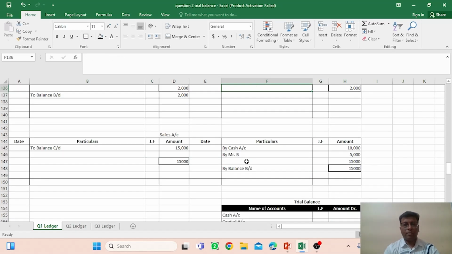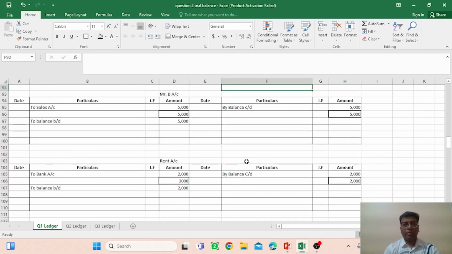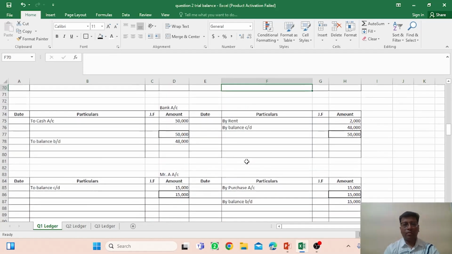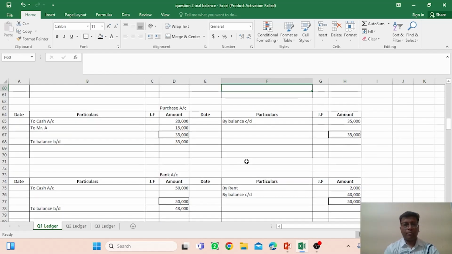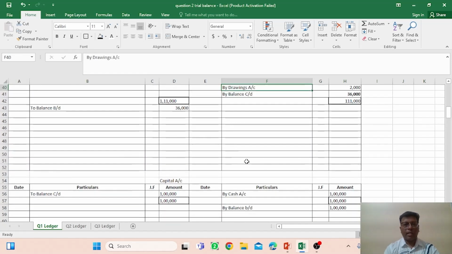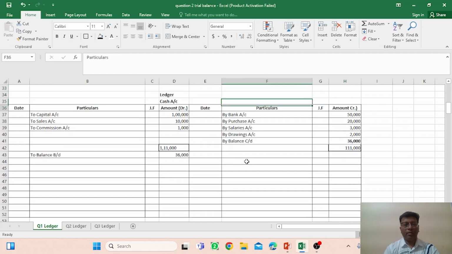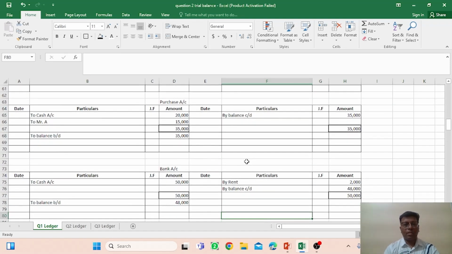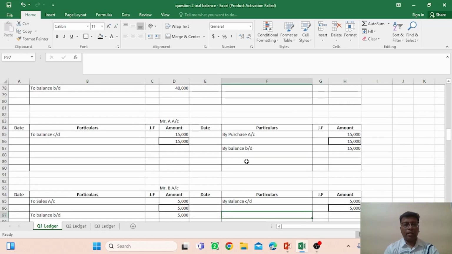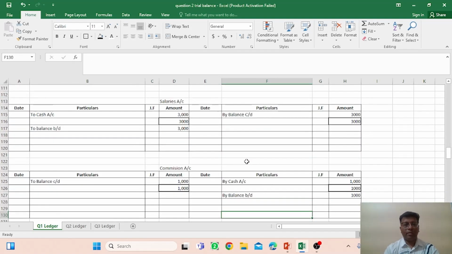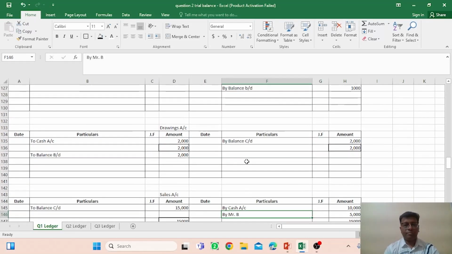Go back, and very carefully every account name is to be mentioned in the trial balance, and already we have given some names, right? We check that cash account is there. Okay, the first account is cash, then capital, then purchase, then bank, again A's account, B's account, A, B, rent, salary and commission.